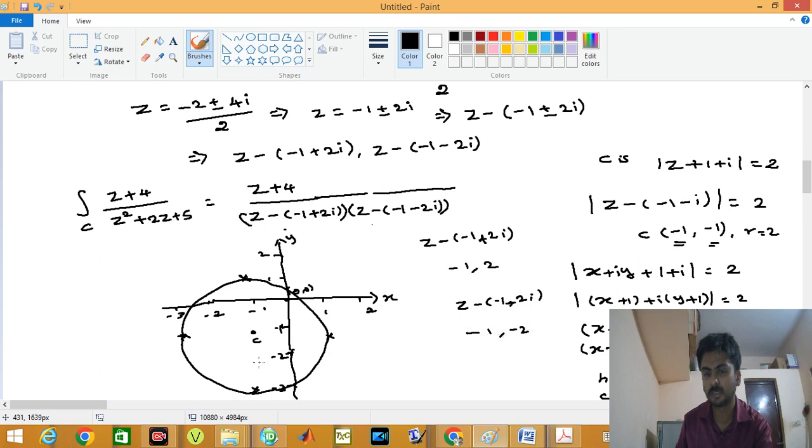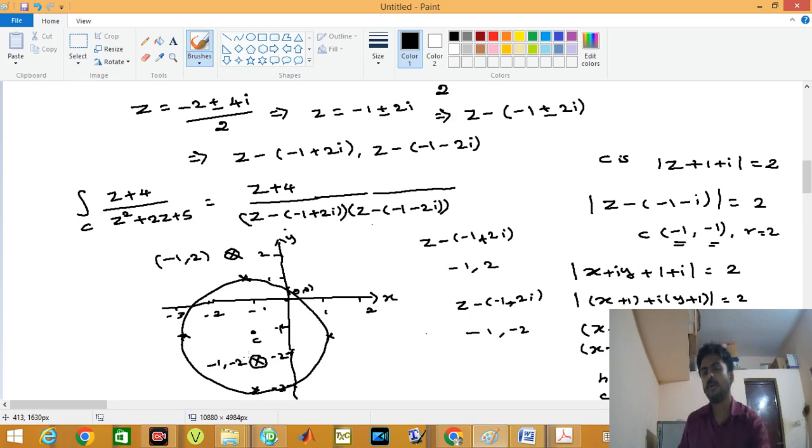See, minus 1 comma minus 2 is lying inside the circle, whereas minus 1 comma 2 is lying outside the circle. This point is minus 1 comma 2, and this point is minus 1 comma minus 2.